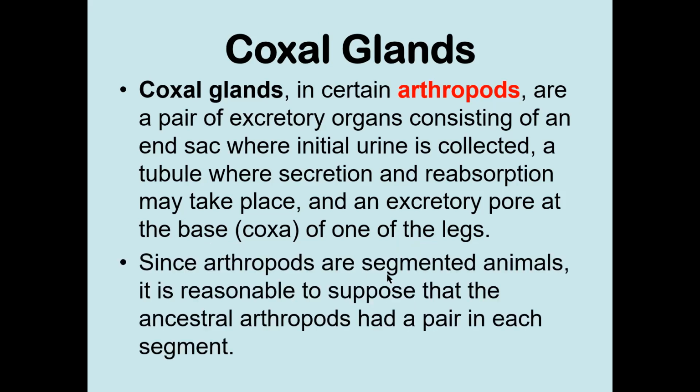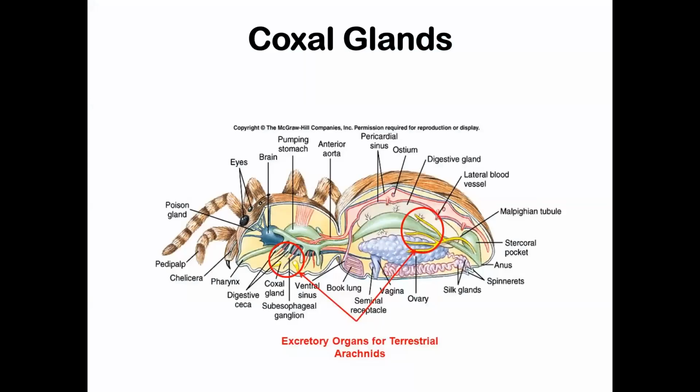So some arthropods are segmented, and the current thinking is that each segment in the ancestors of arthropods had a pair of coxal glands. So they look like this, and then down here the yellow things are the coxal glands, and there's another set there.